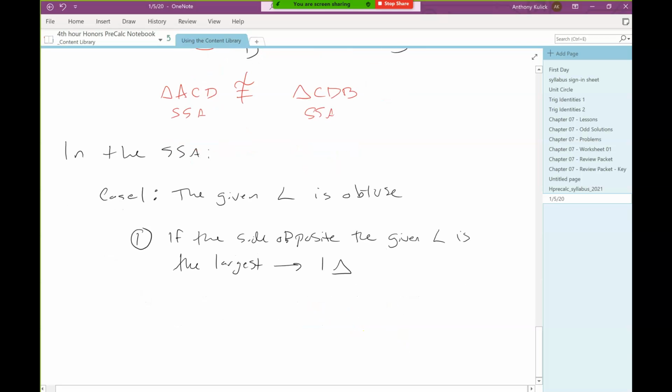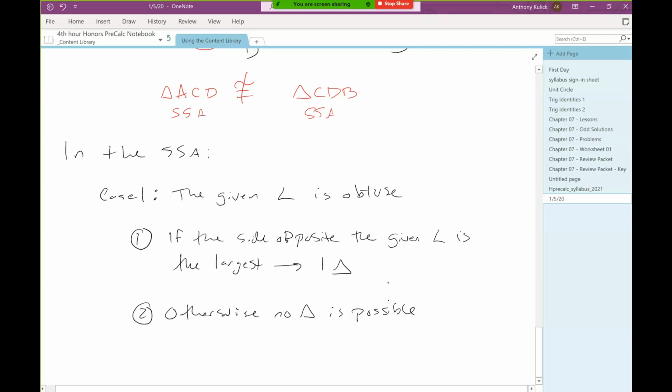If the side opposite the given angle is the largest side, we just get one triangle. If you go back to the previous example, you saw that was the case, right? Where 15 was the side opposite our given angle, and the other side was 10. If that's not the case, then no triangle is going to be possible.